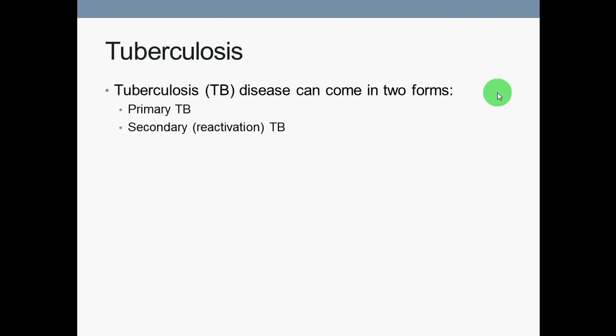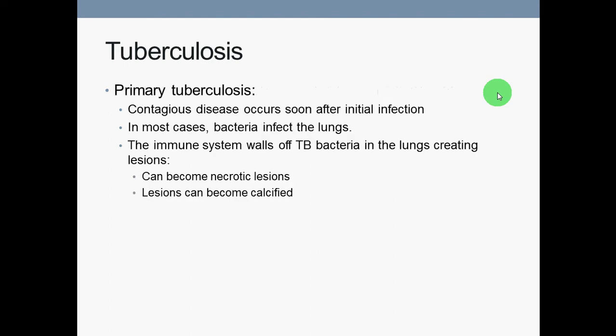Tuberculosis, or TB, can come in two forms: primary and secondary. Primary TB is a contagious disease that happens right after initial infection. So primary TB would be if you were exposed to TB and then several days to a couple weeks later you developed disease from it, and you would be contagious.